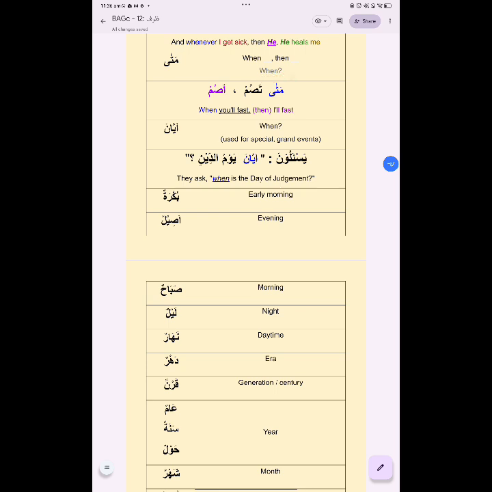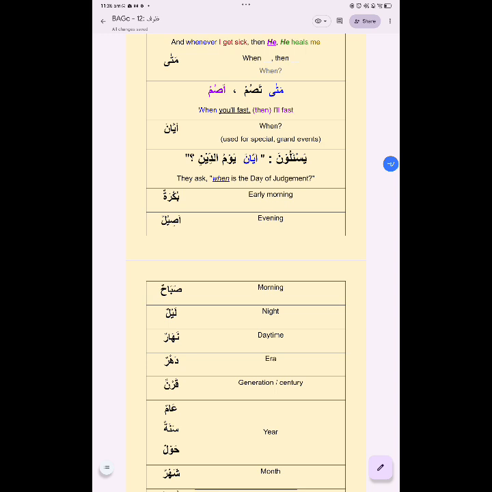For example, mata tasum asum. When you fast, then I'll fast. Ayyana means when. It is used for special and grand events. So, yas'alun ayyana yawmuddin. They ask when is the day of judgment.